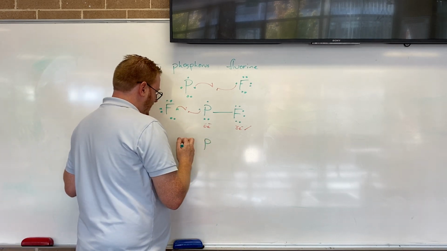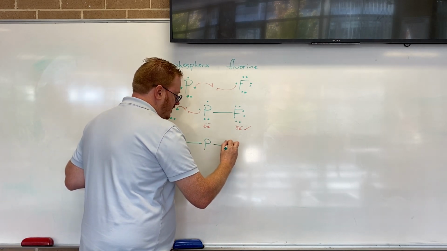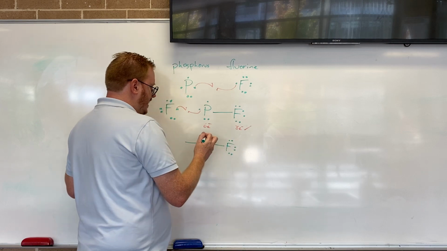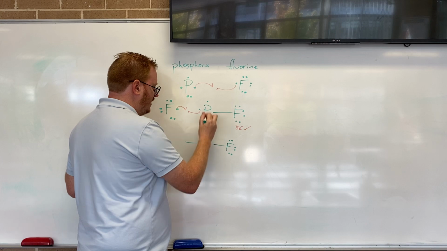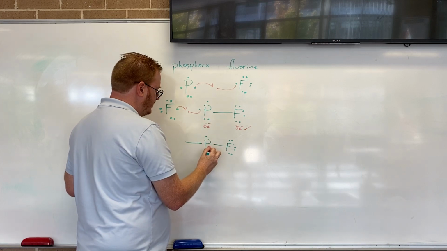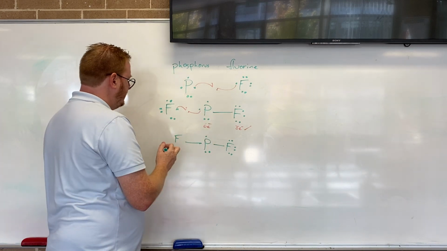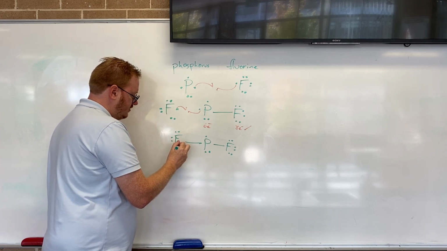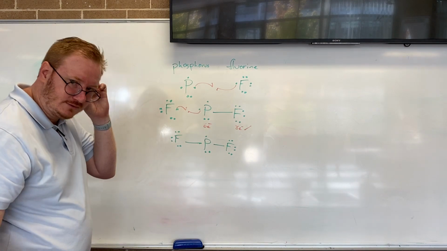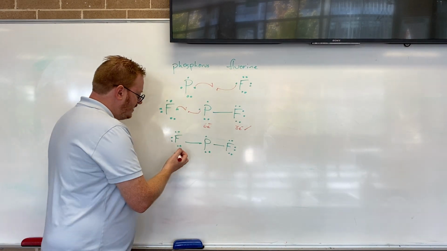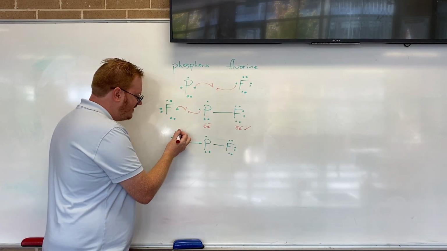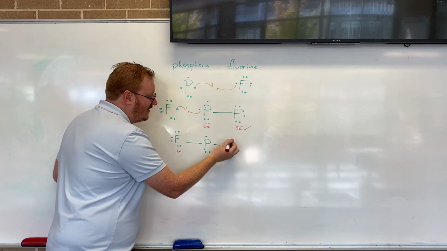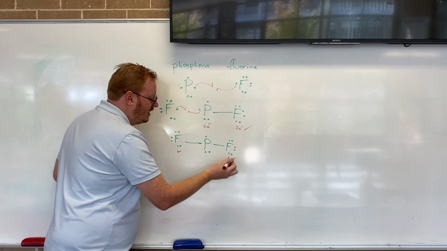Let's see what we have left. 1, 2, those 6. That had 1 up the top and 2 down the bottom. And this fluorine, 2, 2, and 2. Okay. Let's do our counting. This fluorine, 1, 2, 3, 4, 5, 6, 7, 8. It's all good. 1, 2, 3, 4, 5, 6, 7, 8. It's all good.